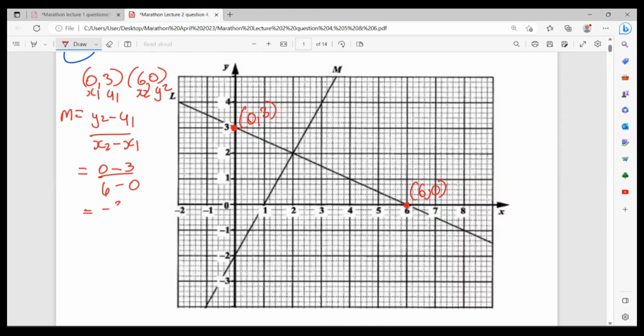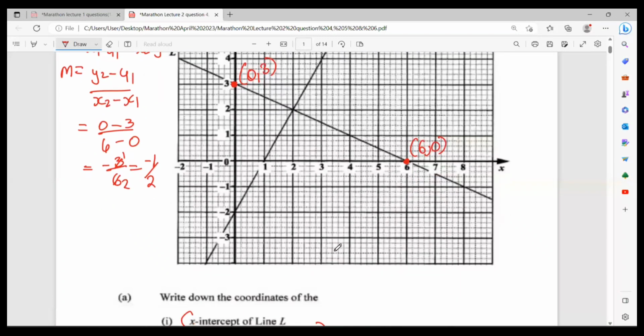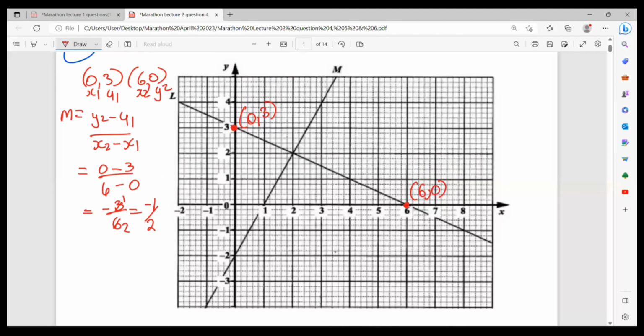We'll get negative 3 over 6. And when you cancel it down, you get negative 1 over 2. Negative a half. So the gradient for line L is negative a half, which is the regular working out that you know for finding gradients.